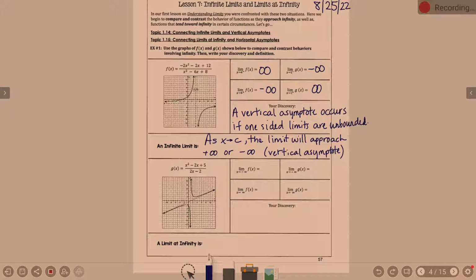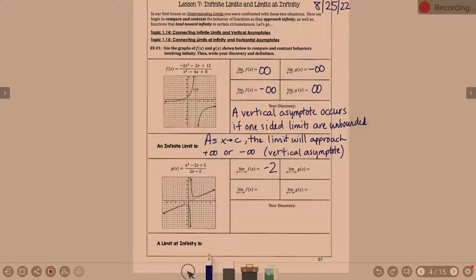Okay. Bottom half. Let's do the limits. So this one is the limit as x approaches negative infinity of f of x. As x approaches negative infinity on f of x, up on the top graph, what y value is it going towards? Negative 2.